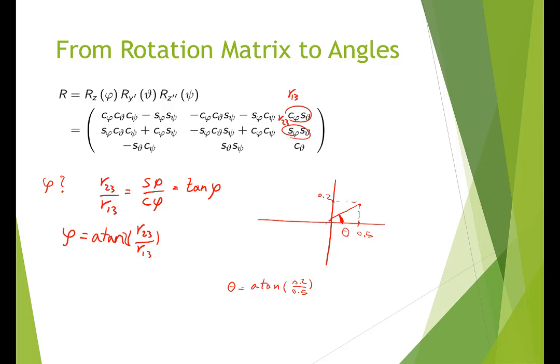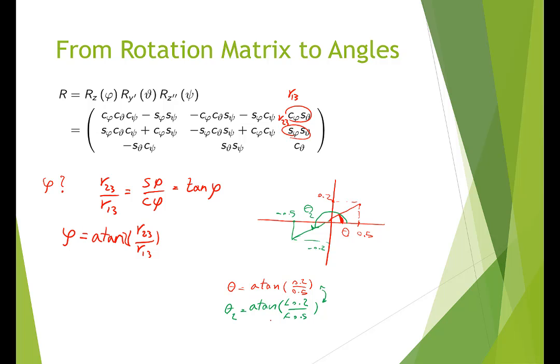Now consider this angle. Let's call it theta 2. What is theta 2? Theta 2 is arctangent of minus 2 divided by minus 5, which is essentially the same. So if you take arctangent of a value, it could give you two angles for the same value.